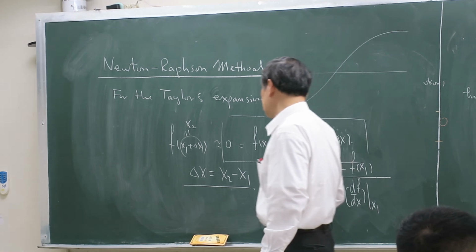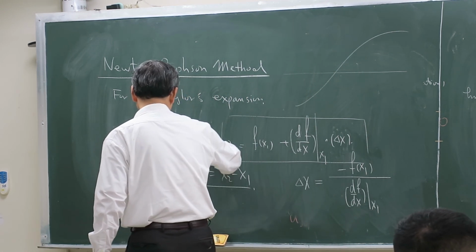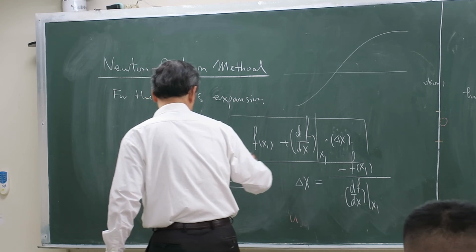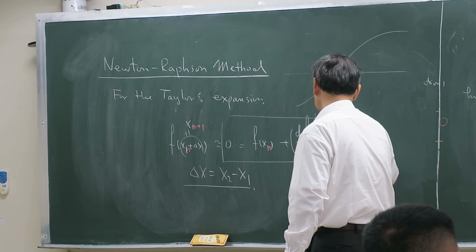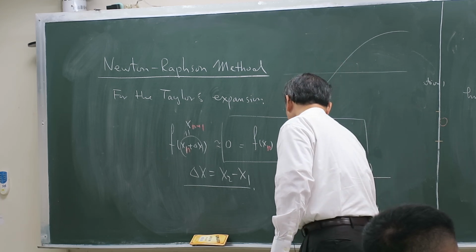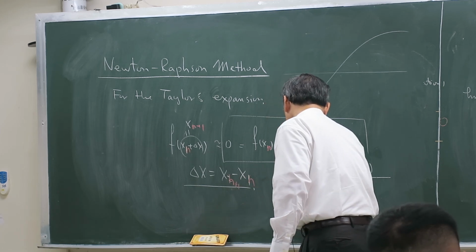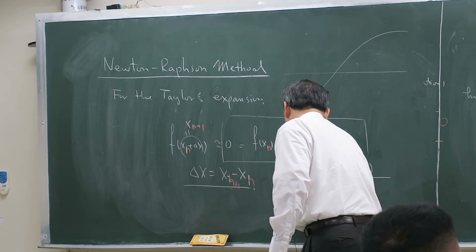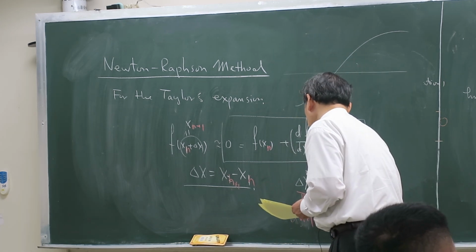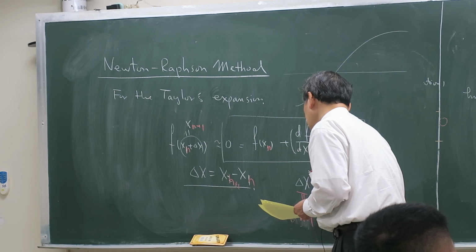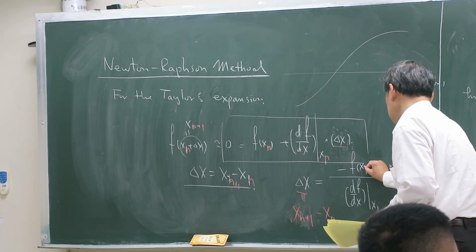So if this is xn and this is xn plus 1, so xn plus 1 is equal to xn minus.